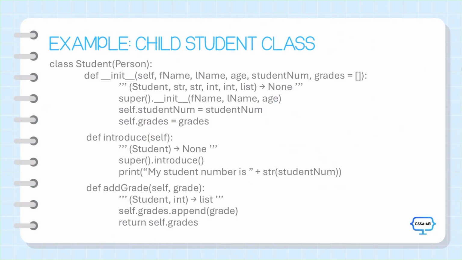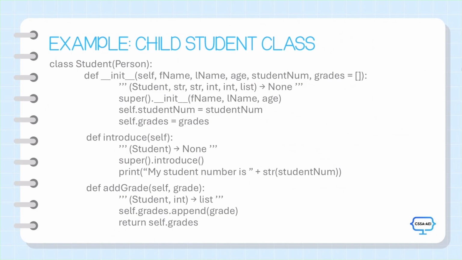So a student is a person. So a student has all the same attributes that a person does. They have a first name, they have a last name, they have an age. And then we added some parameters that are specific to a student. So they have a student number and they have an array of grades.